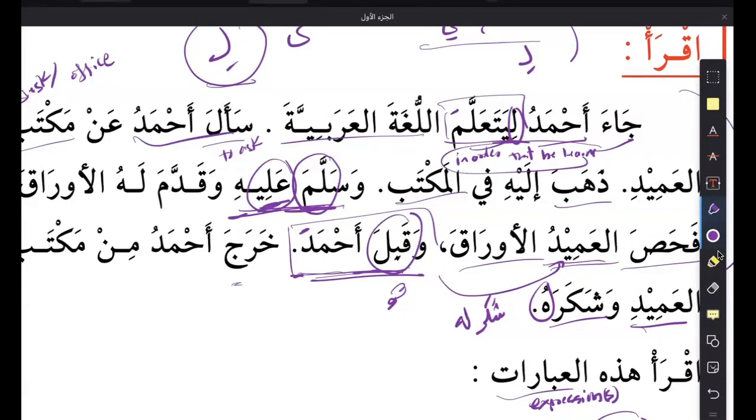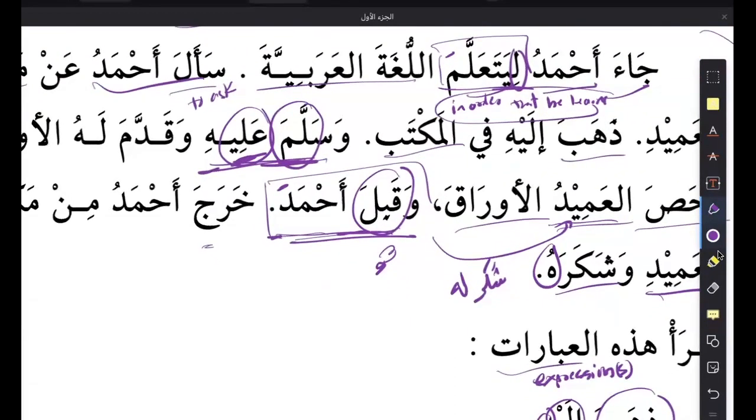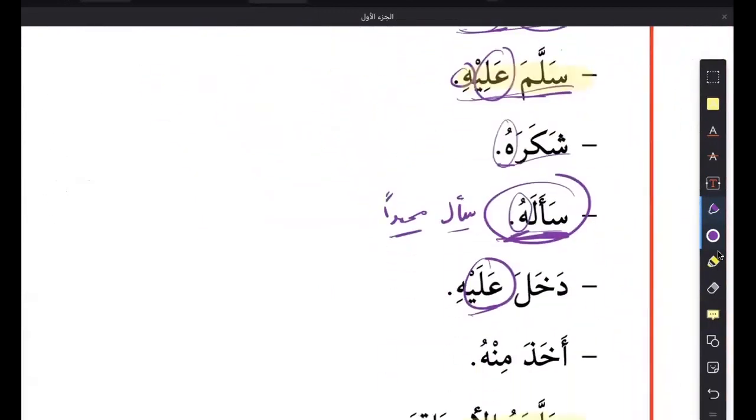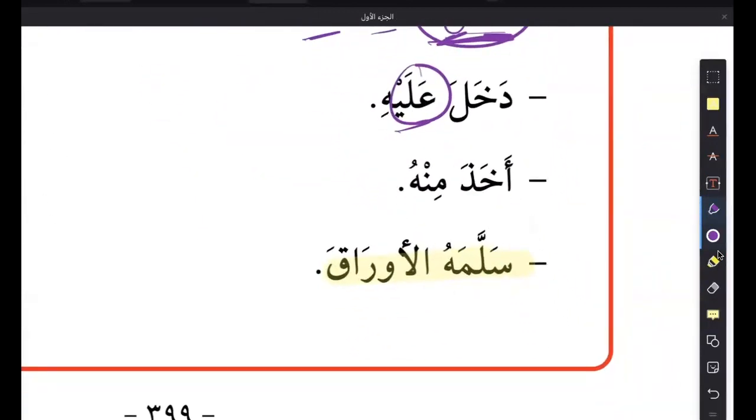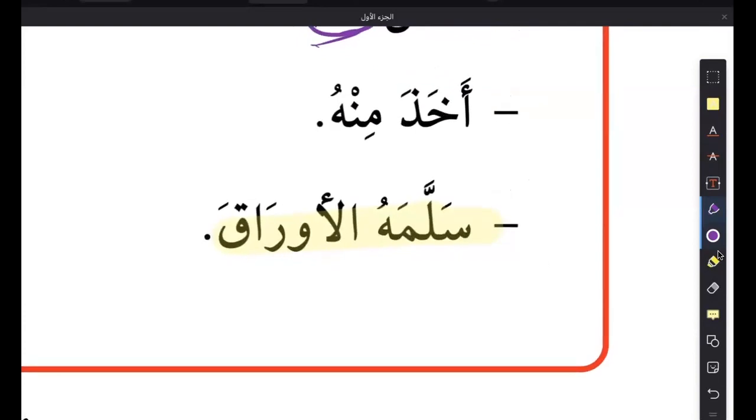You want to say I gave salam to you, you say sallama alayka. Because sallama also means something else. If you don't use the ala, then it will mean to submit. As you can see, he's using the verb sallama without the ala, without the preposition. He's using it with a direct object. So he submitted, yeah, so this is another double transitive verb, subhanallah.